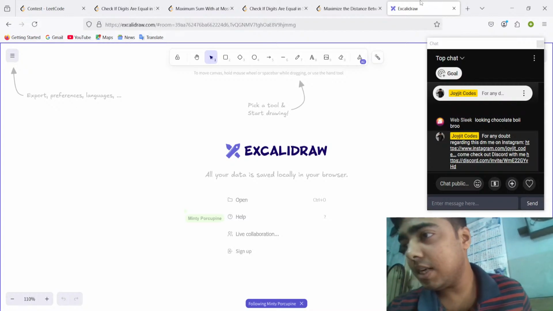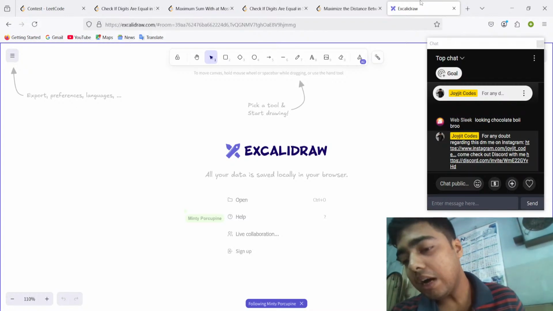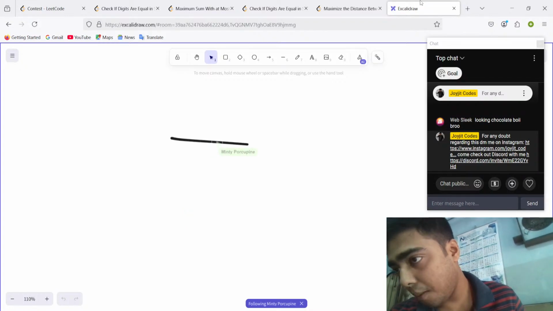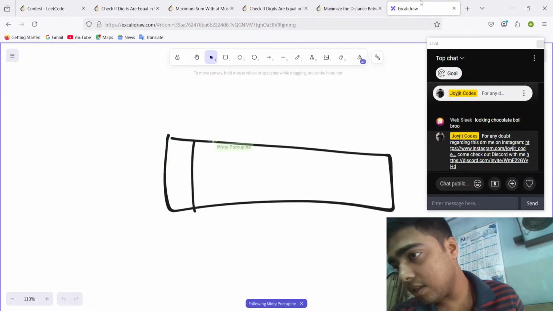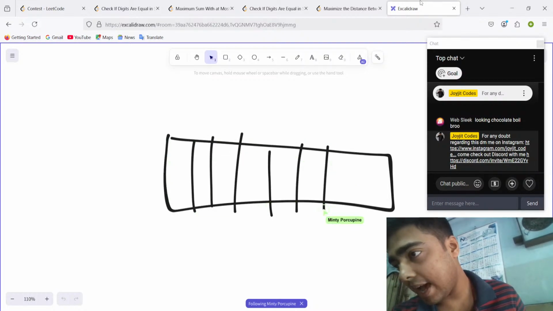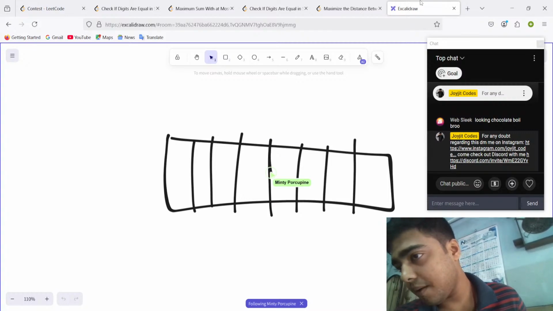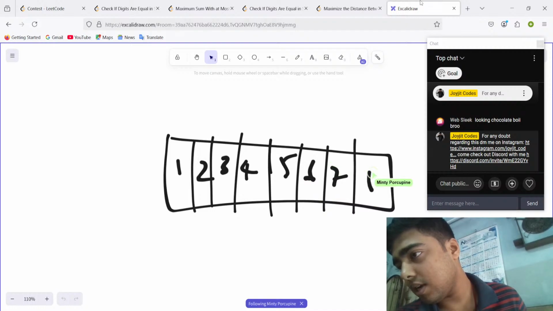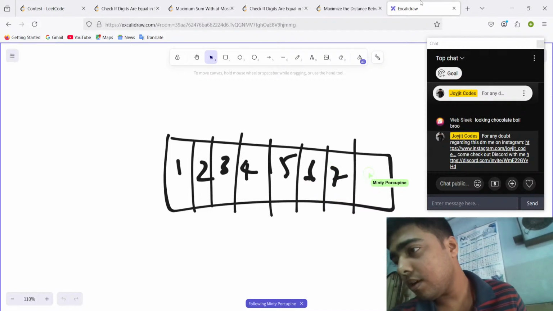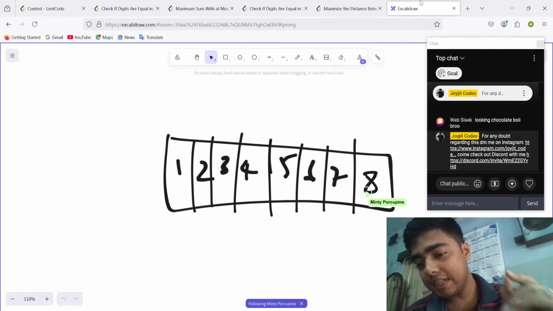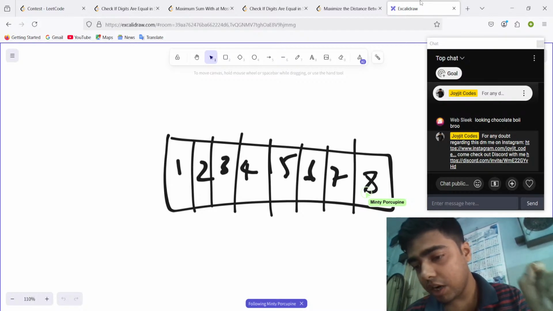The operation is basically this: consider it a proper string, because you know that a string is a character array. It consists of numbers, 1 2 3 4 5 6 7, and every character is a one digit number.